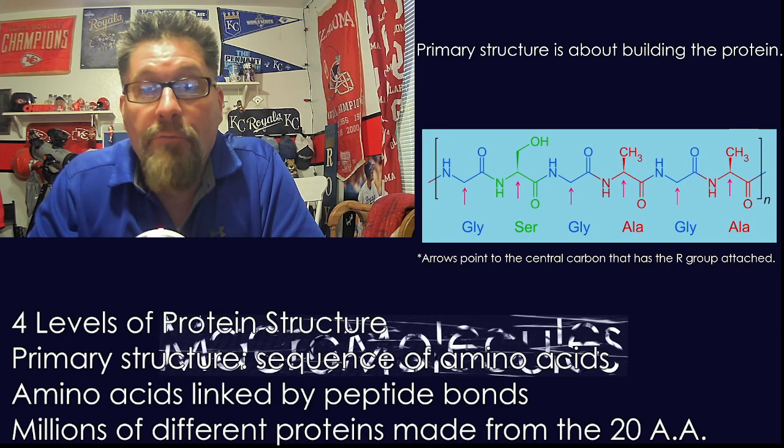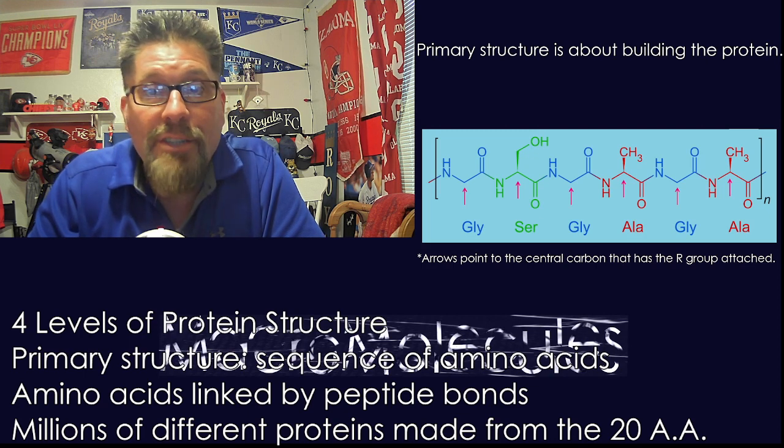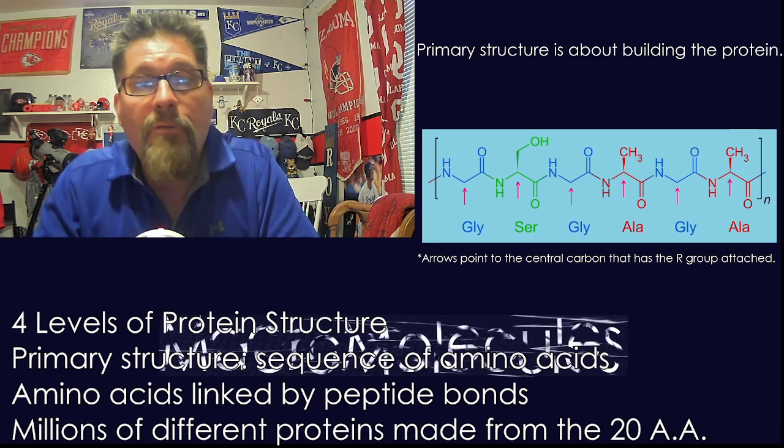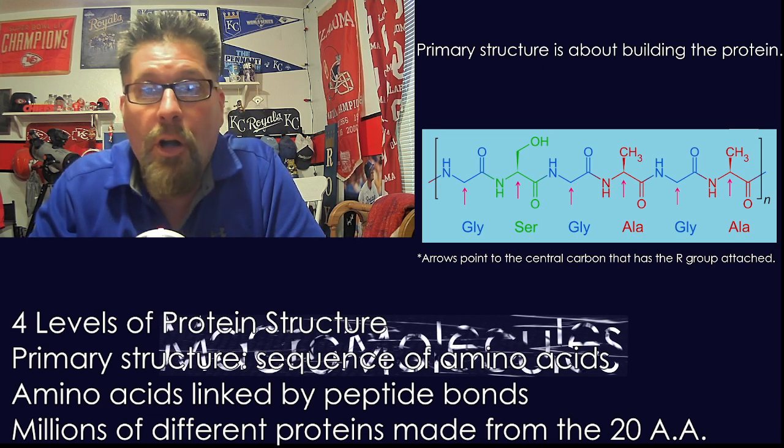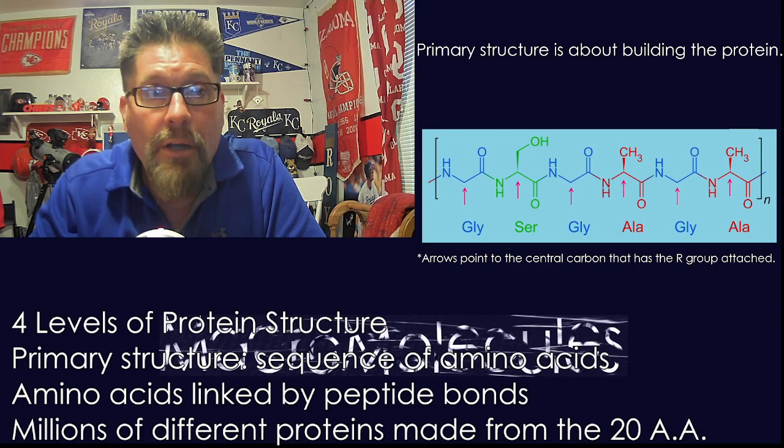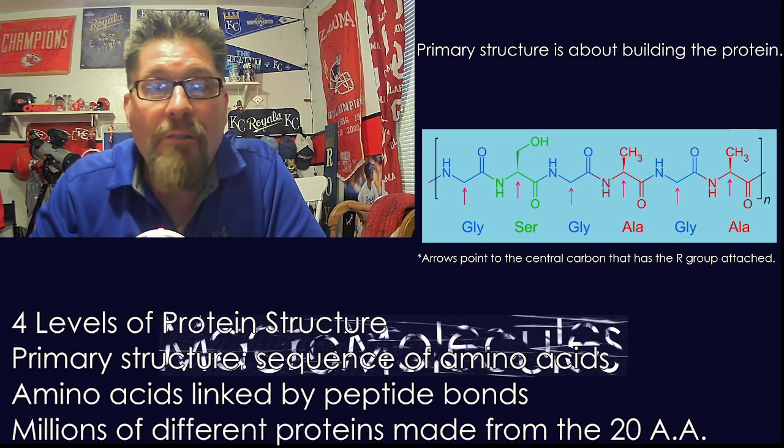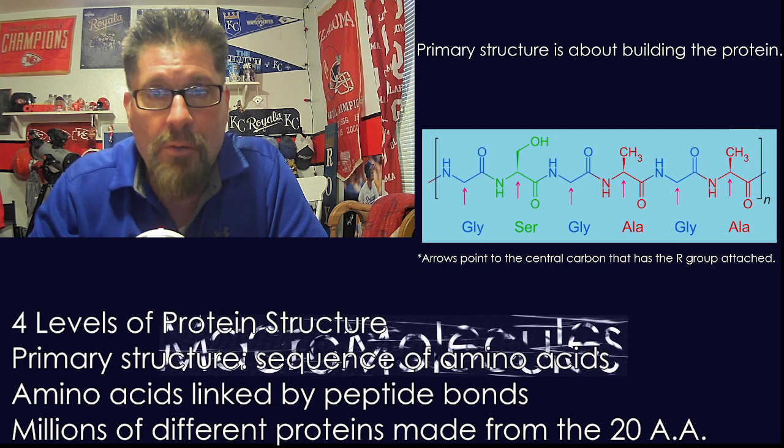Now when we're talking about the folding of a protein, the 4 levels of protein structure, we're talking about a process that's kind of similar to DNA because those can be very, very long molecules. But they got to fit neatly into your cells. And not just one. I mean, if you think about your DNA, you've got 46 chromosomes.